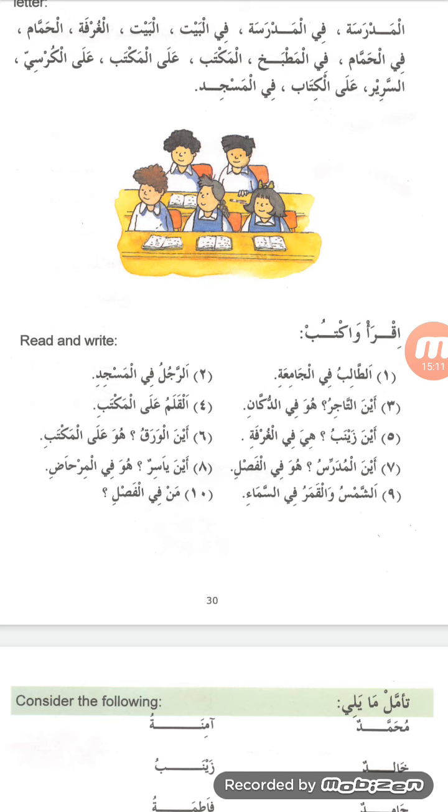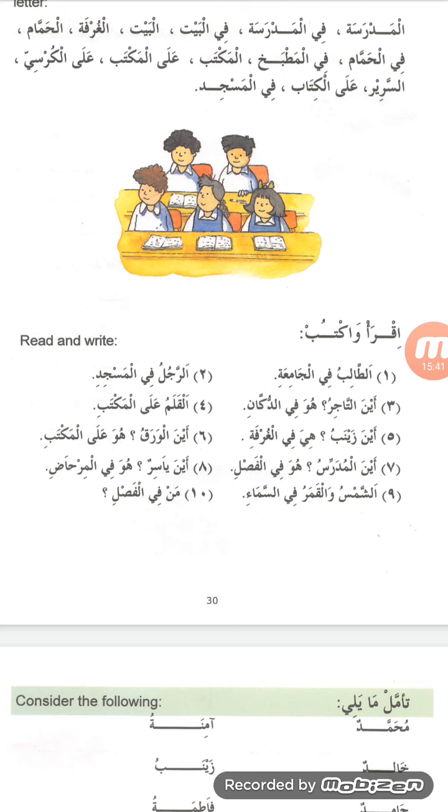Fil madrasati, in the madrasa. So fi gives the meaning of in. Fil bayti, in the house. You see here the final letter of madrasa, ta, I have given it a kasra. Same with al-bayt, fil bayti, due to the fi.